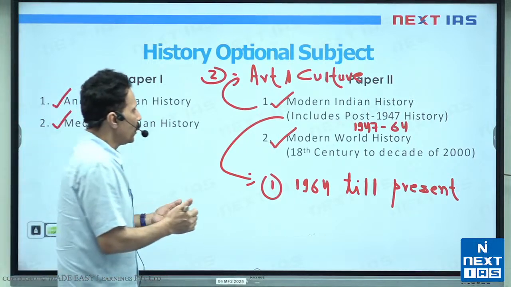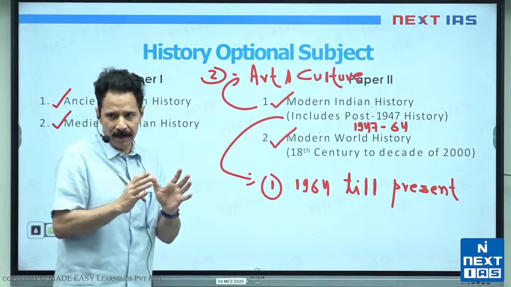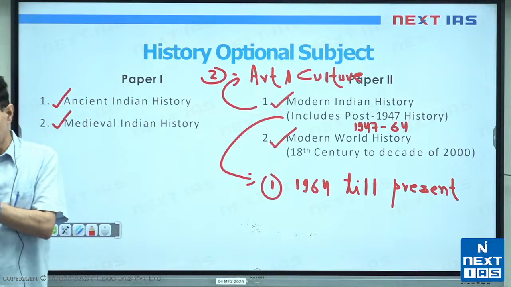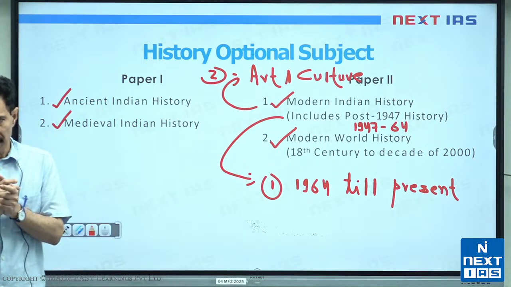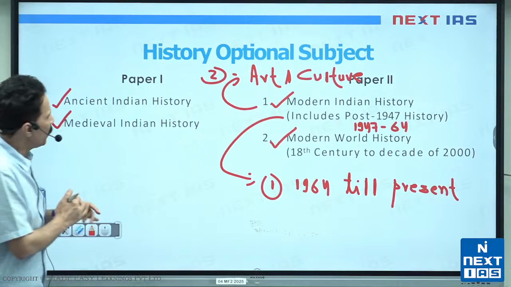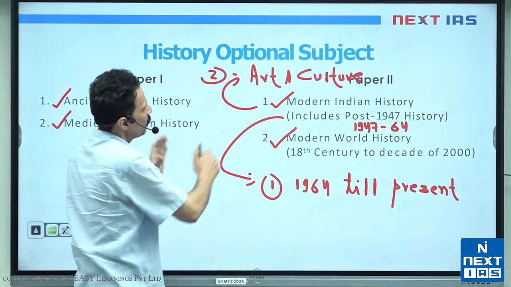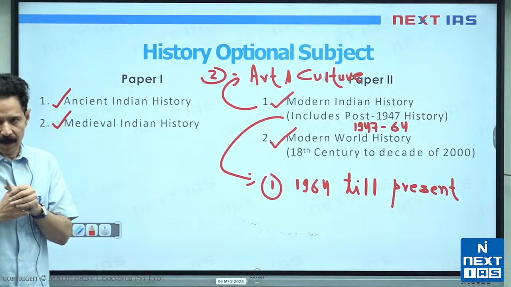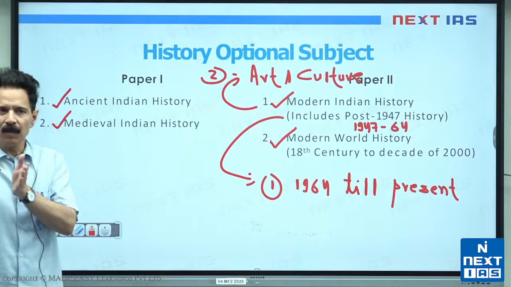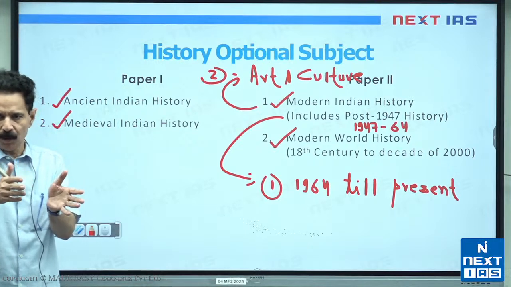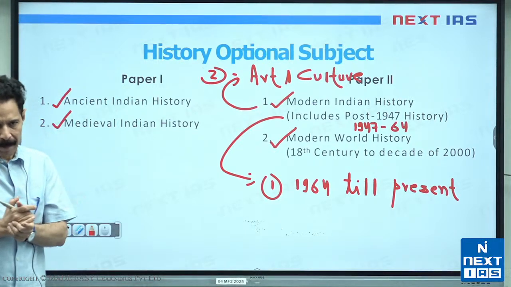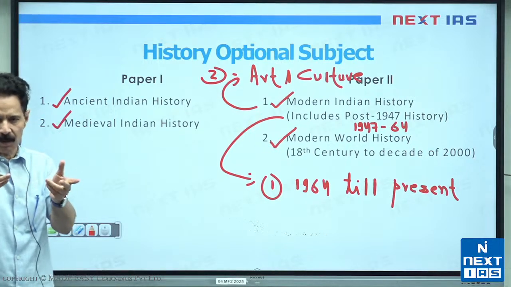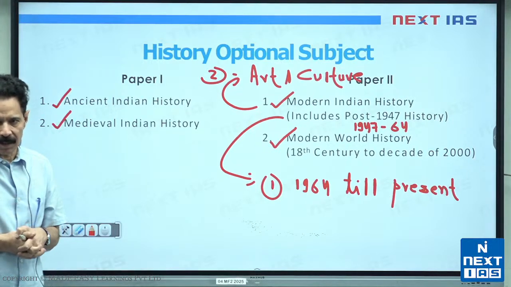Then the question is, what is the difference in history optional subject and in GS history? The difference is that in history optional subject you have historiography involved. Historiography refers to various approaches to study history. Those who have a history background, they understand this word, I think, right?